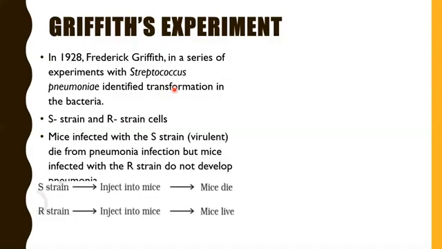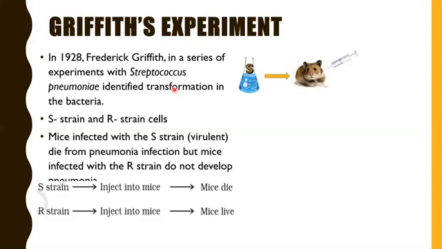See, in the first step, he collected the S strain bacterial cells, and he took such S strain bacterial cells in a syringe. And then he injected such S strain bacterial cells into the living mice.